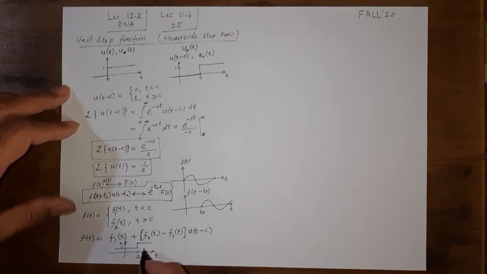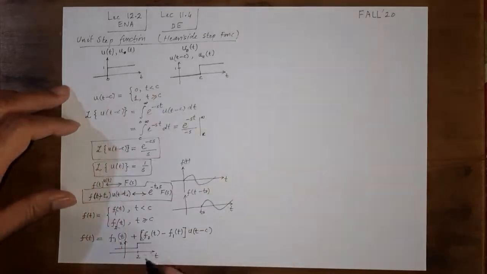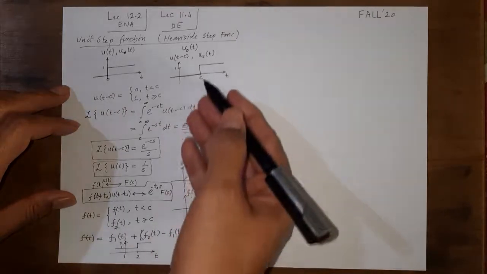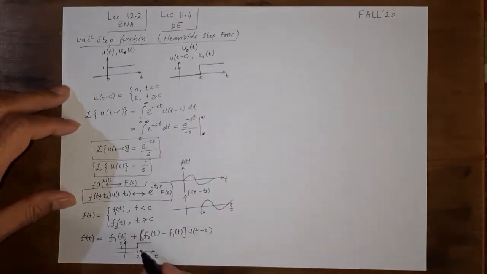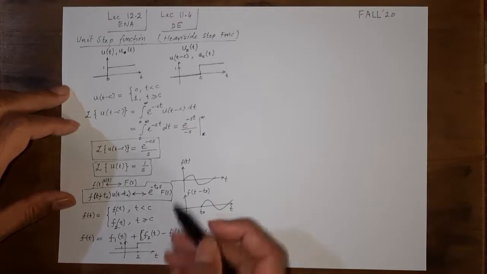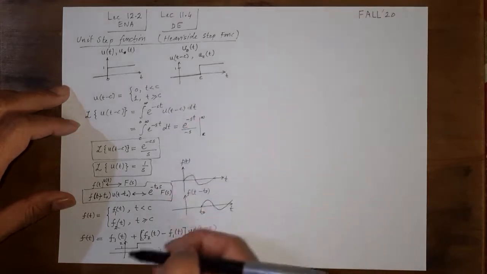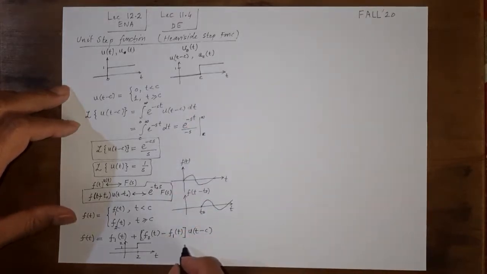So by the way, it has a lot of similarity with the unit step function, the shifted unit step function, u(t minus 2). So can you see that u(t minus 2) is actually shifted up? So by writing it this way, we can write it like this. This function f of t is actually 1 before 2 and 2 after 2.